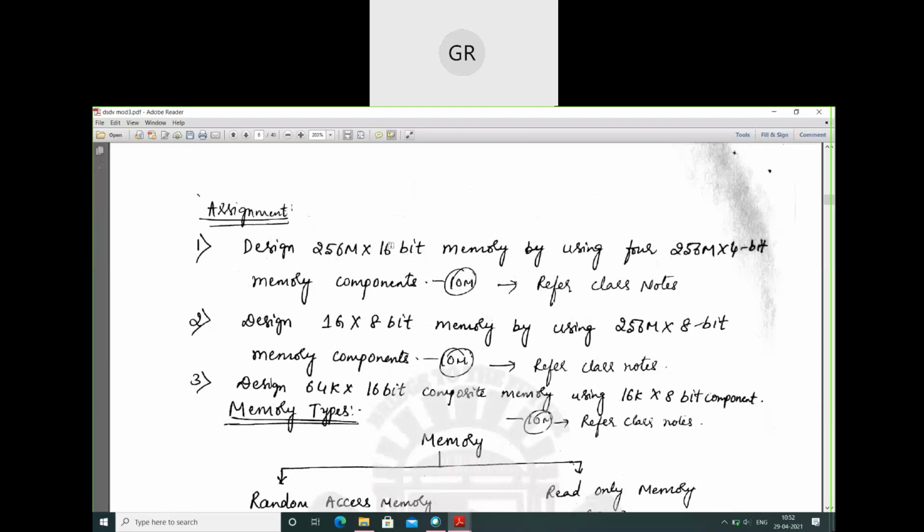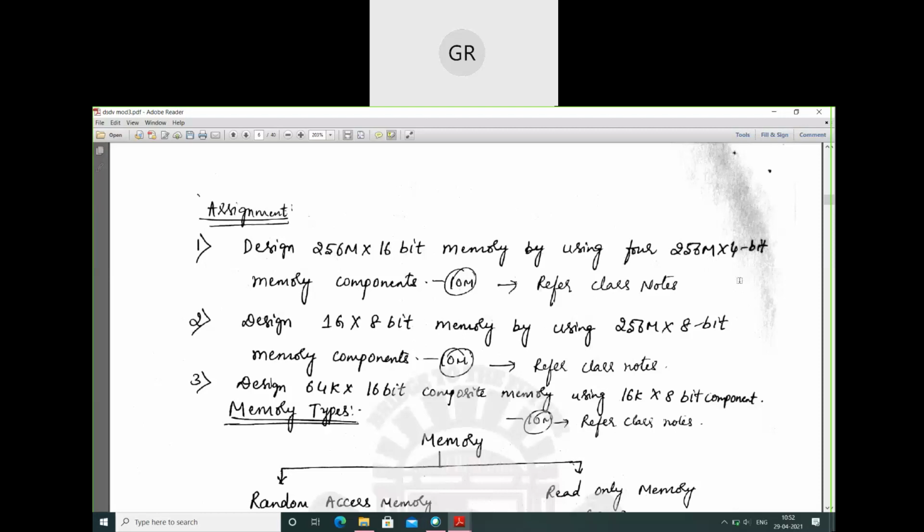But here 16-bit output. Okay, but here using this one, we'll get only 4 bits. Remaining, how many bits left here? 12 bits, right? Then one more 256M into 4 bit, 8 bits we get. 256M into 4 bit, 12 bits. Okay, 256M into 4 bit.